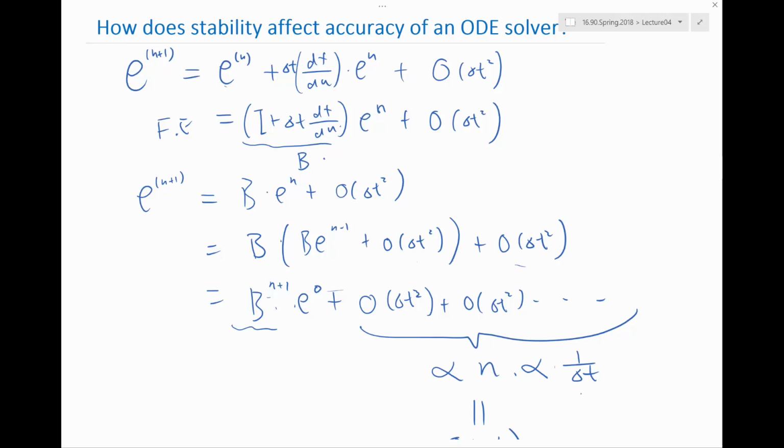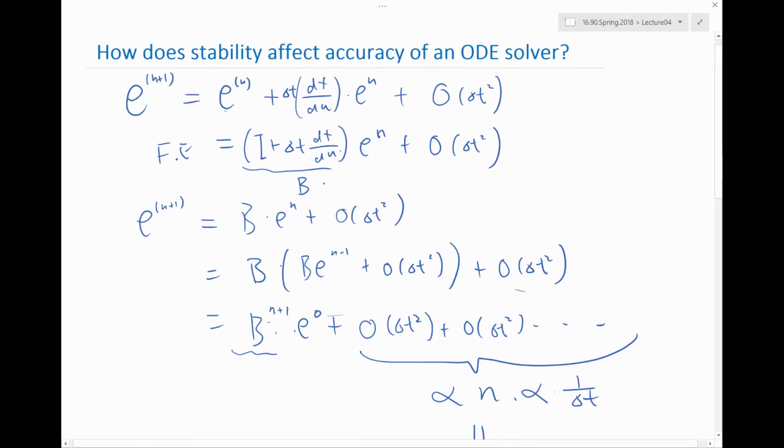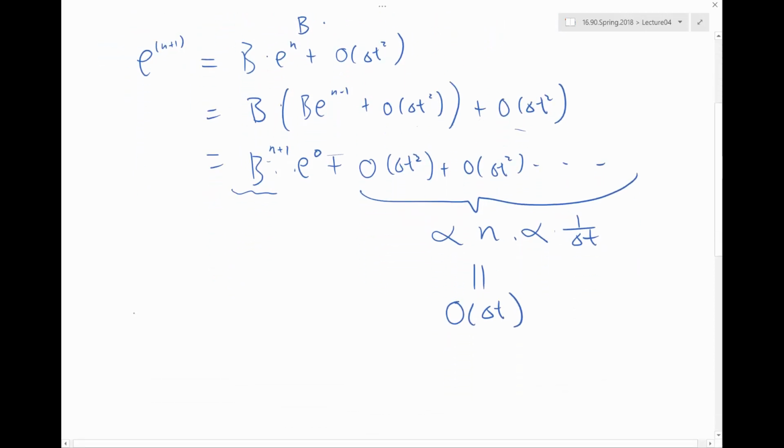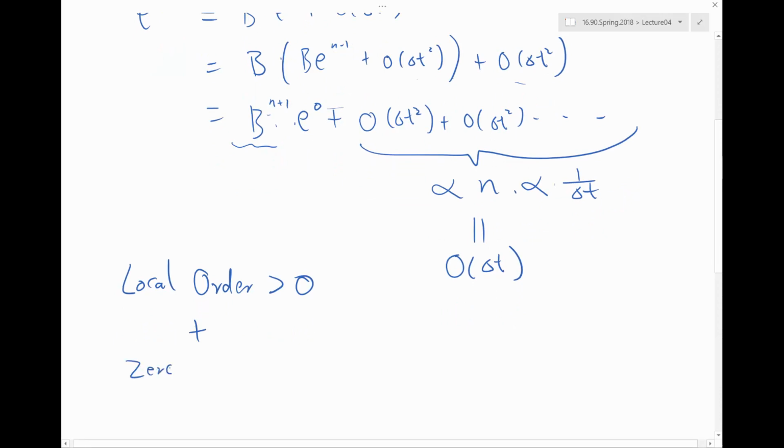So that is actually a theorem officially proved as the Dahlquist equivalence theorem. That's saying the prerequisite is the local order is greater than 0, which means you have at least a first order scheme, right? Plus zero stability. If you have these two things, zero stability means no eigenvalue is outside the unit circle.